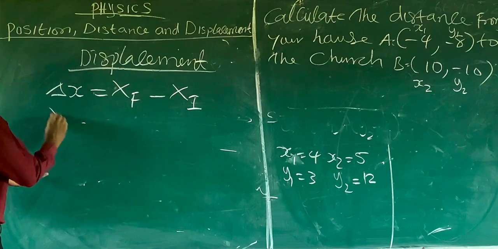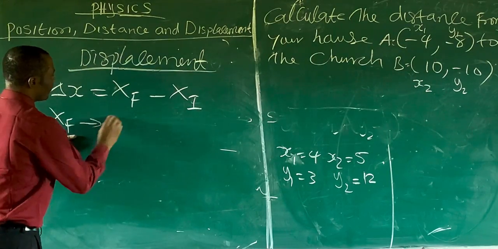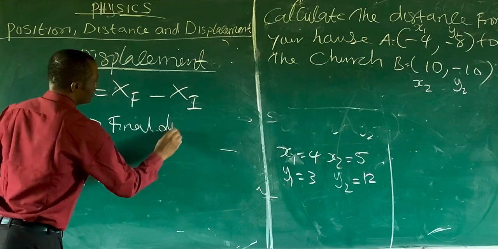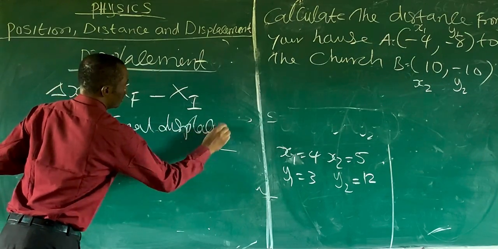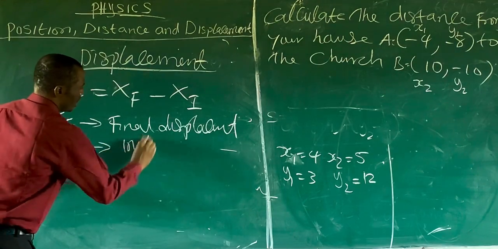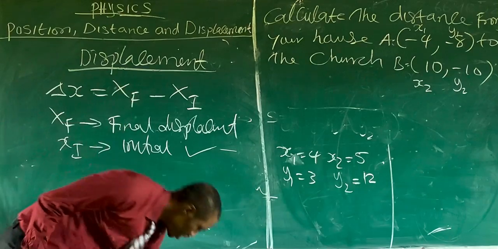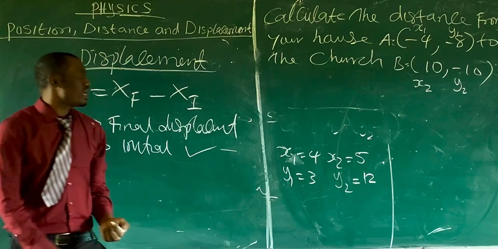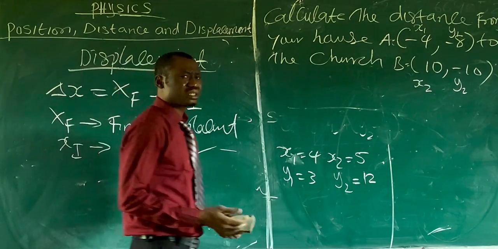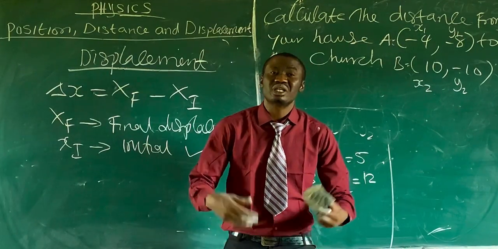The x final is the final position, and the x initial is the initial position. So if you're asked that, just say displacement is simply a change in position.